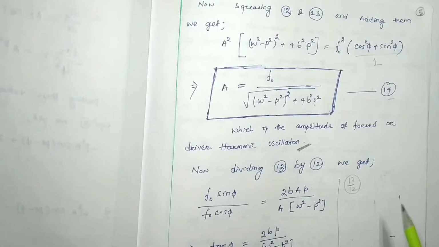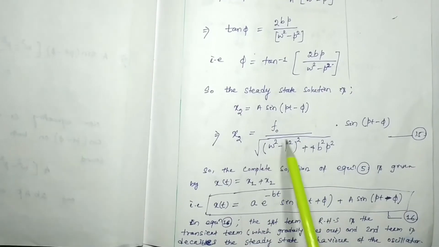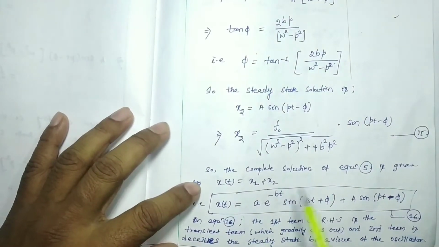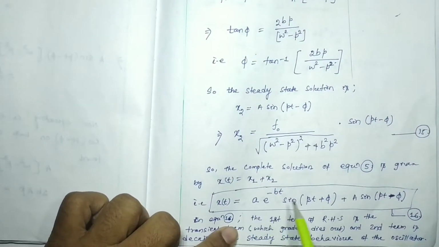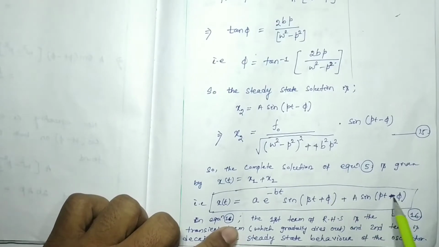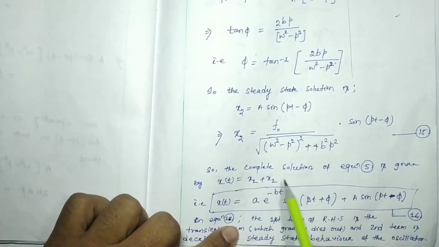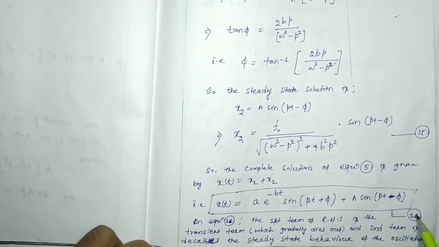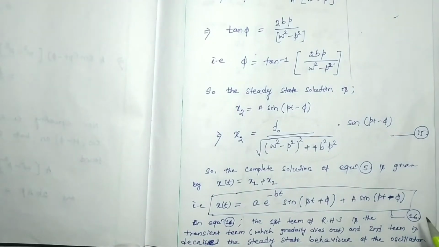Here x2 we found as A sine pt minus phi, or you can write the expanded form instead of A, no problem. So the complete solution is a e to the minus bt sine beta t plus phi plus A sine pt minus phi. This is your complete solution of a forced harmonic oscillation.